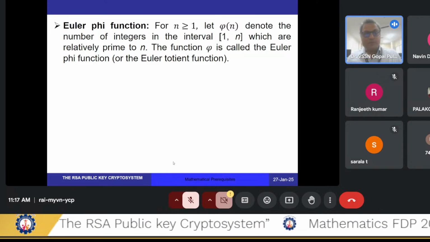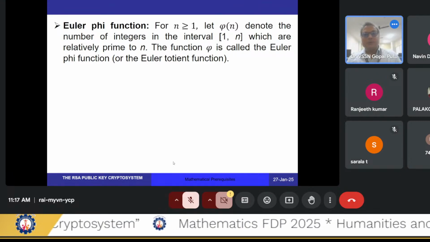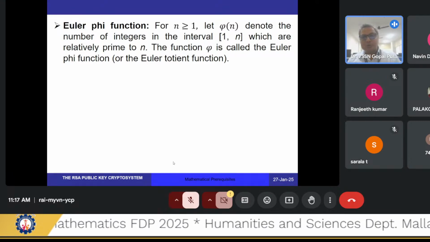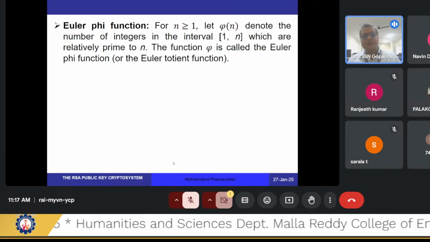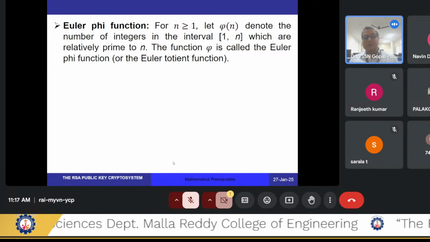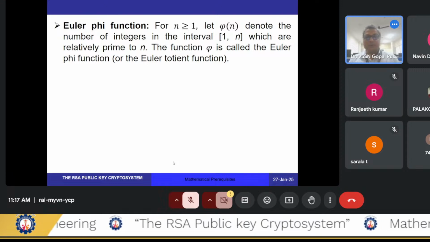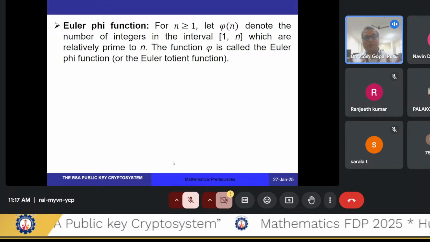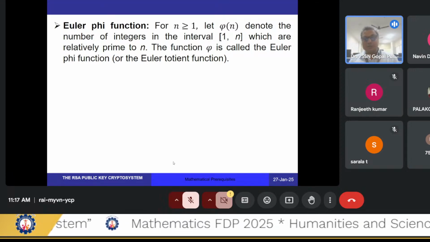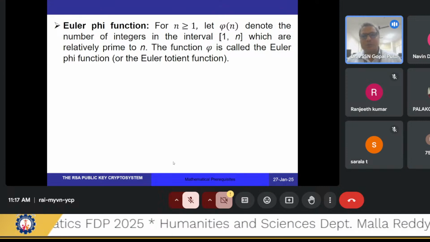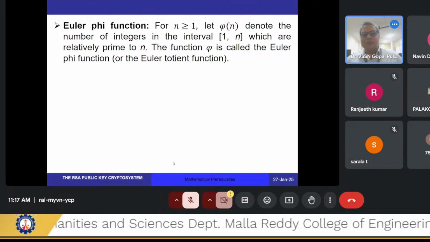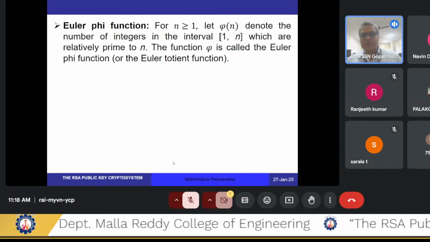Euler's phi function. This particular function plays a crucial role in the construction of the encryption scheme by RSA. We'll see how we can define that. Consider a positive integer n, which, as you know, is greater than or equal to 1. We denote this Euler phi function by phi of n.